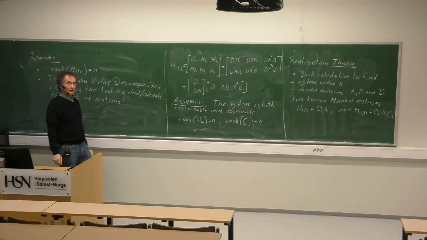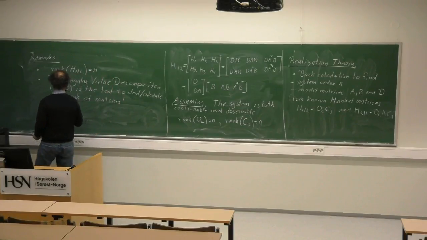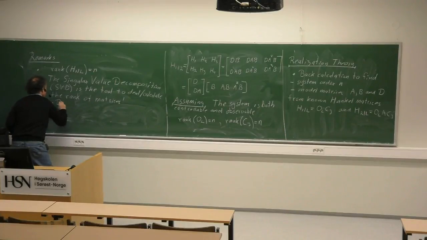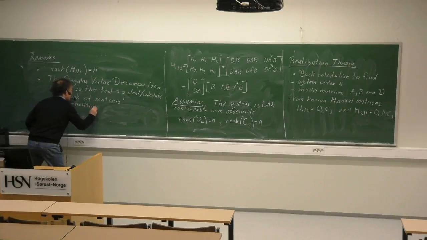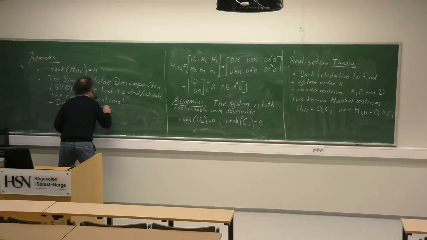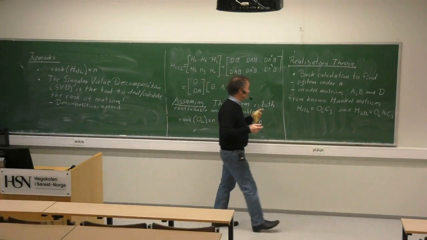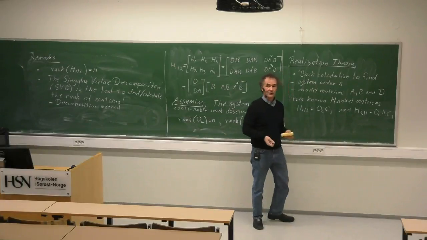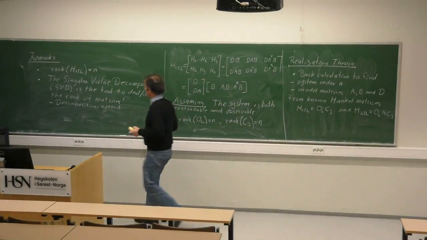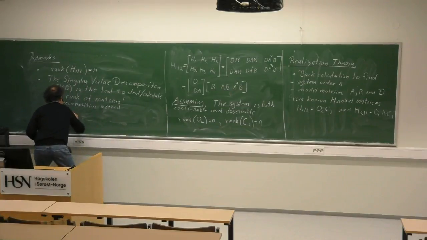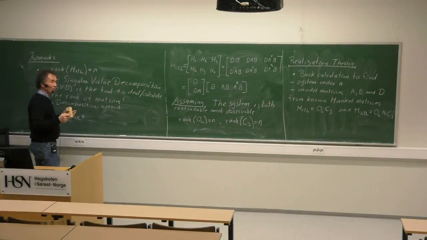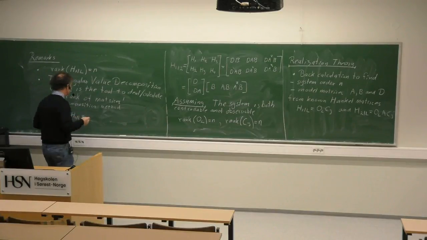The SVD is a decomposition method, such that if we calculate the singular value decomposition of this known Hankel matrix H1L, then H1L could be decomposed into the product of 3 matrices separately.